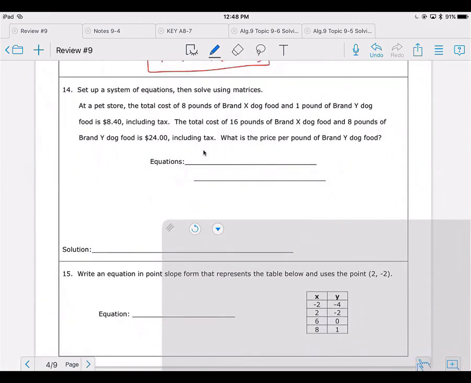14, they want us to set up and solve using matrices. So at a pet store, the total cost of 8 pounds of brand X dog food and 1 pound of brand Y is $8.40, and then 16 pounds of X and 8 pounds of Y is $24. What is the price per pound? So for my equations, I'm going to do sentence 1 and sentence 2. I know that 8 X's plus 1 Y equals $8.40.